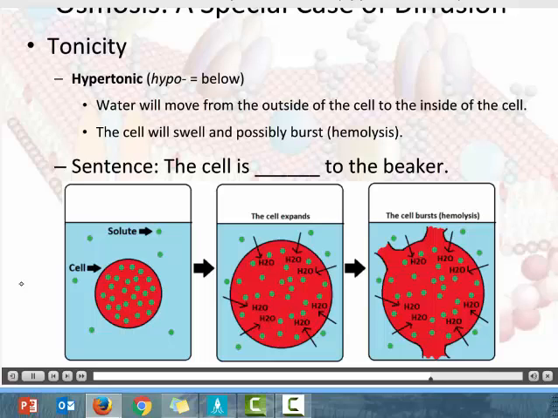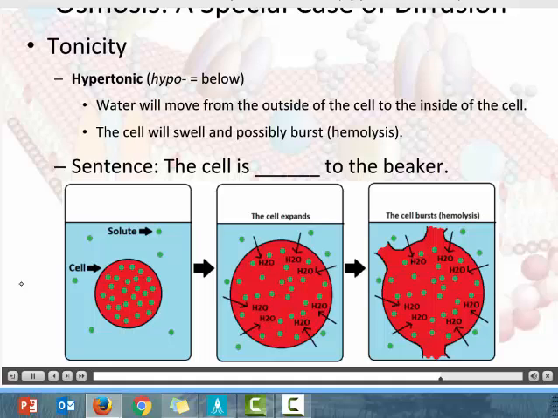When this happens to red blood cells, it is called hemolysis. If we take a look at that word, the prefix hemo is in reference to blood, and lysis means to break. So we're breaking our red blood cell. This is dangerous. You don't want to do that.